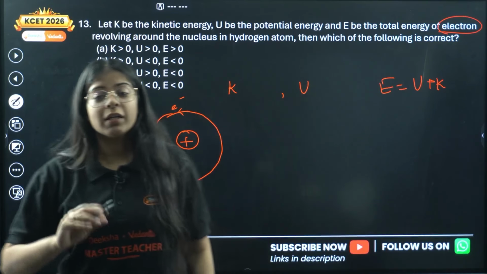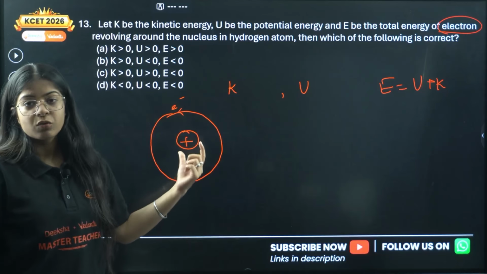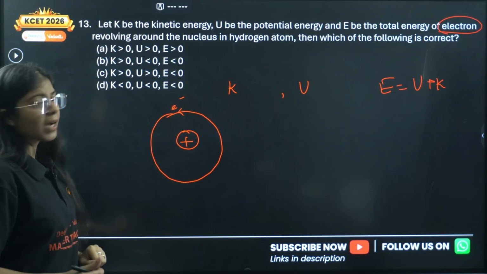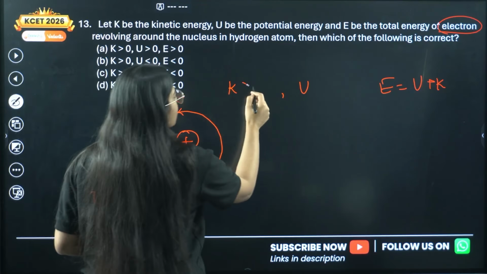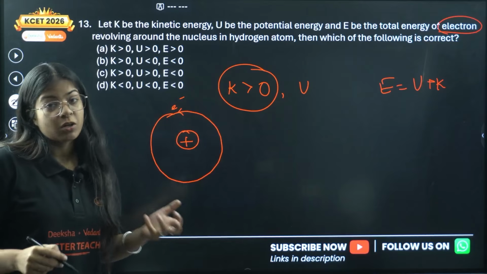Now listen to it carefully. We know my electron is revolving around the nucleus, so it is in a bound state, correct? Now it has some kinetic energy, definitely, because it's moving around a nucleus, so kinetic energy cannot be negative, it's greater than 0, because it's moving.